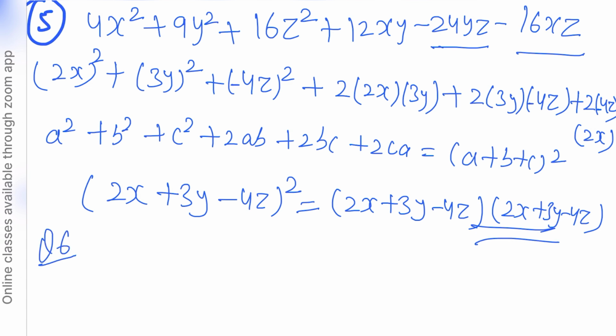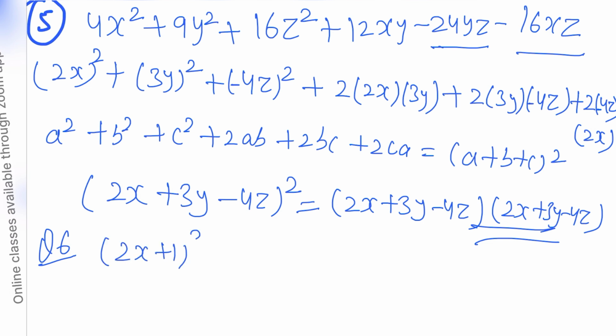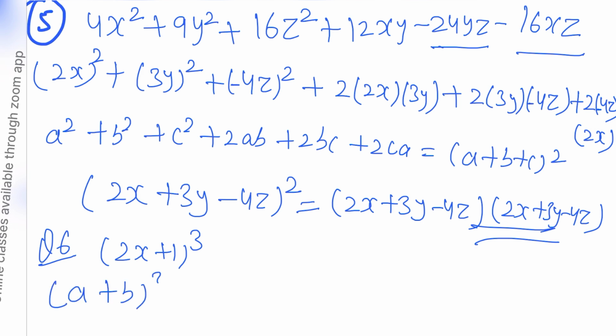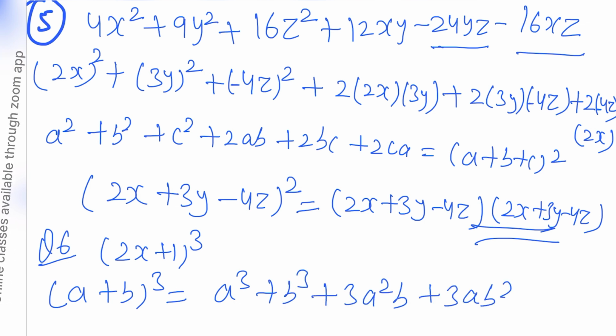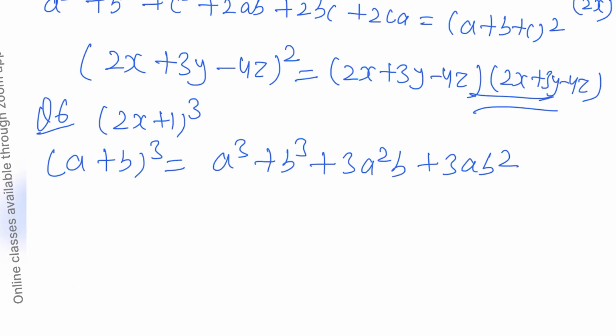We have question number 6. Write the following cubes in expanded form. So we have (2x + 1) whole cube. So the identity we can apply here is (a + b) whole cube is equal to a cube + b cube + 3a square b + 3ab square. So here a is equal to 2x and b is equal to 1.